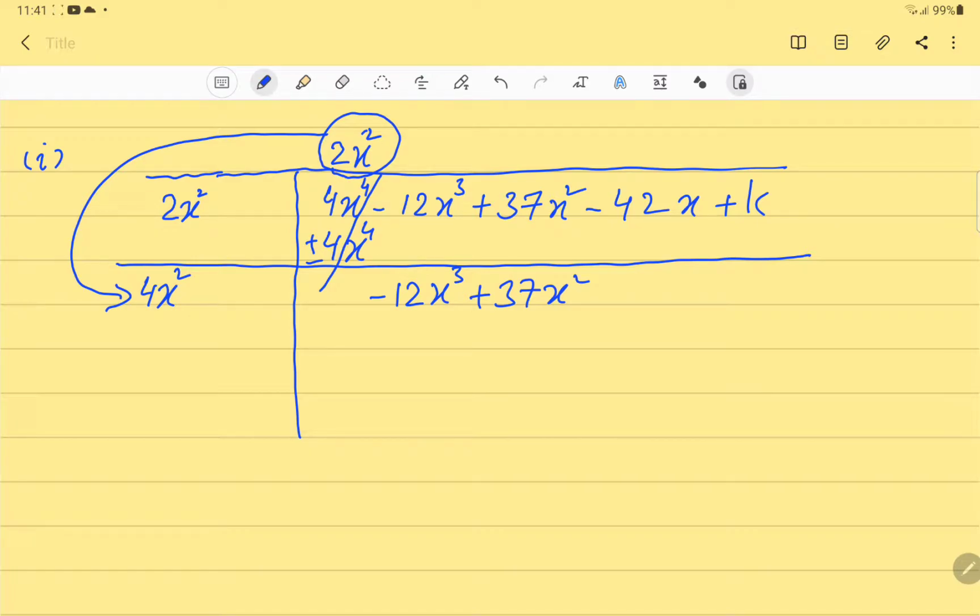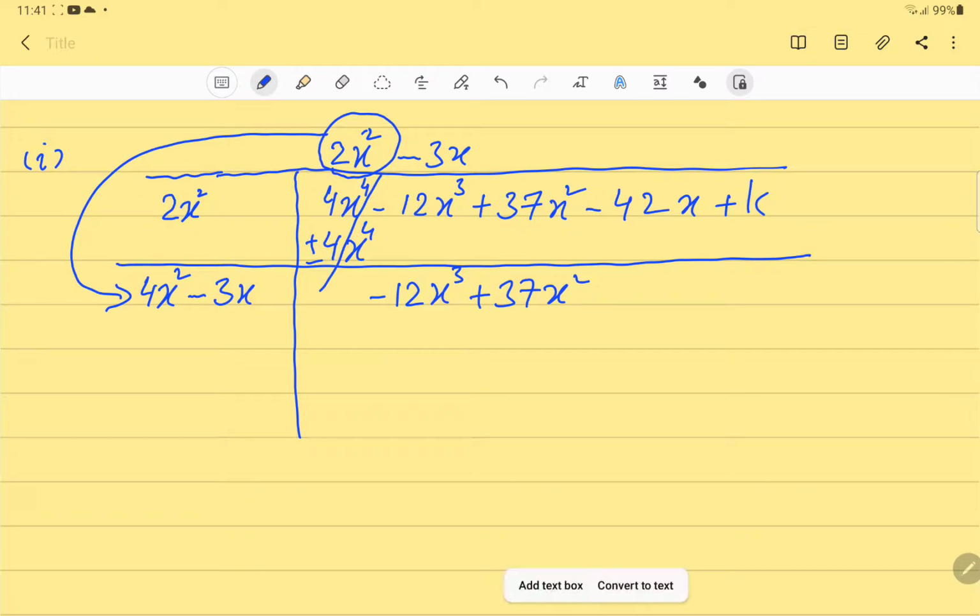Now we have to multiply 4x squared with a term which will give us near or equal to minus 12x cube. We can see that if we multiply it with minus 3x, which we will write here, it will be equal to minus 12x cube. And the same minus 3x we will write here also.